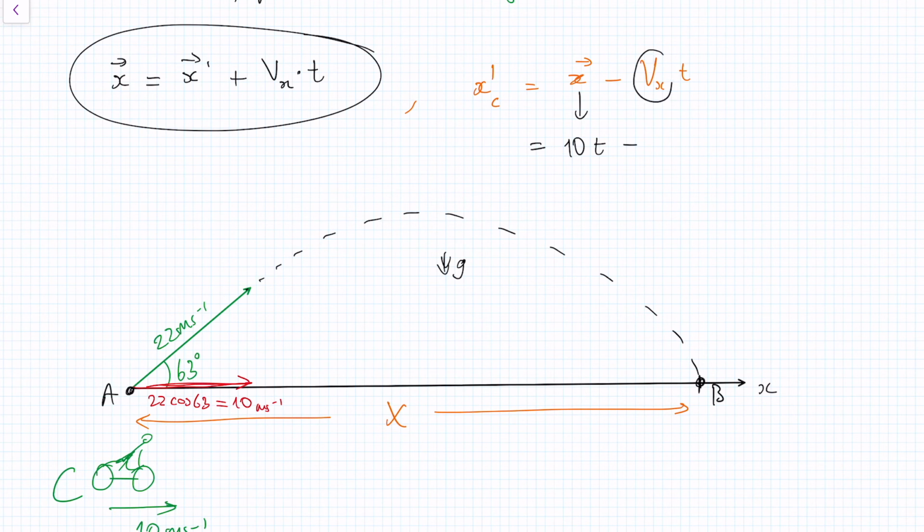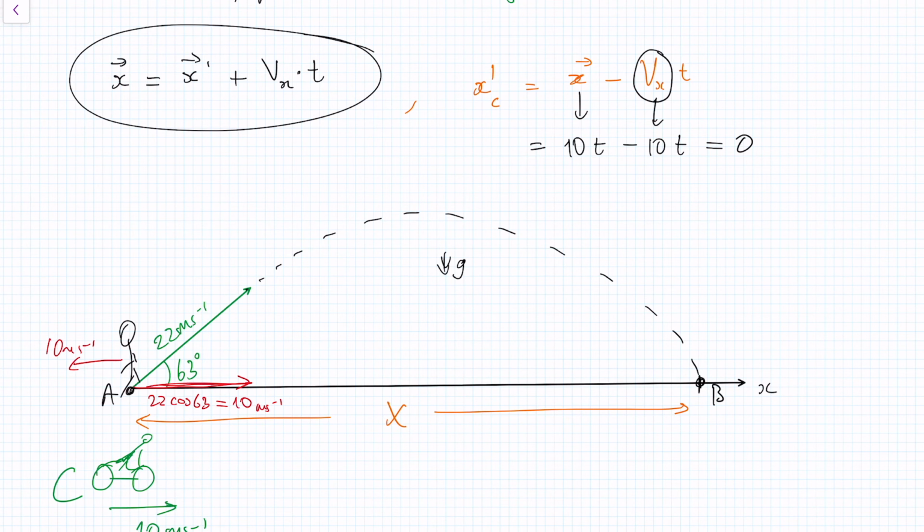But what is Vx? What is the relative motion between the cyclist and the person at A? According to the cyclist, the person at A will be going back at 10 meters per second. So in other words, we will have 10 times t minus 10 times t, and you get 0.